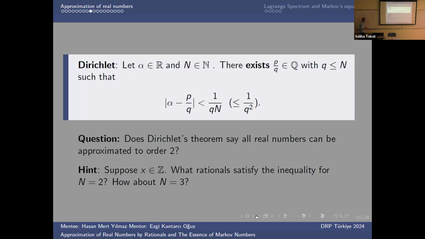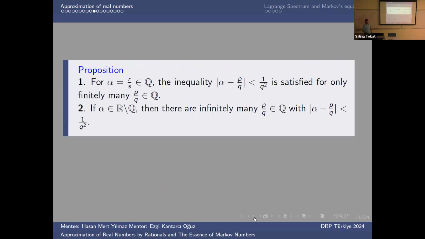Then x is equal to p over q. This means that if alpha is an integer, it can be approximated only with itself. Of course, in this case p and q can be multiplied by any number, but all of them are equal. Then we have a proposition.